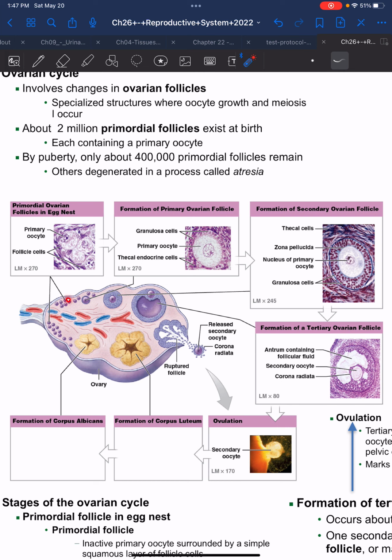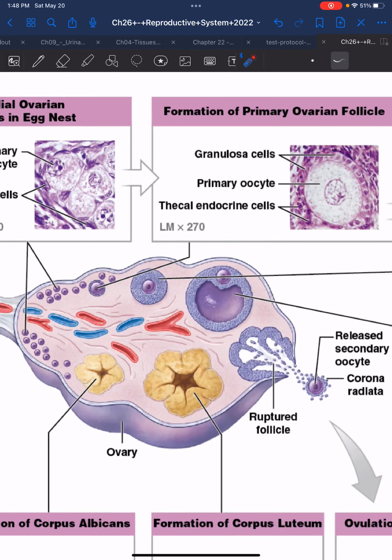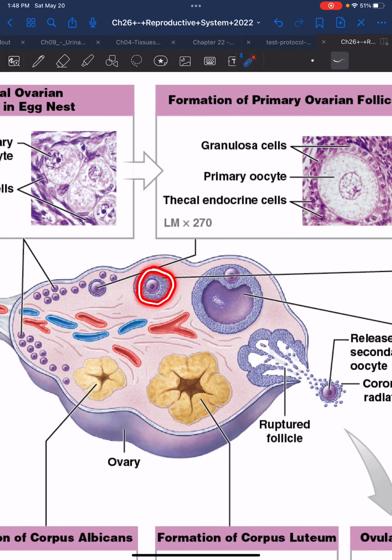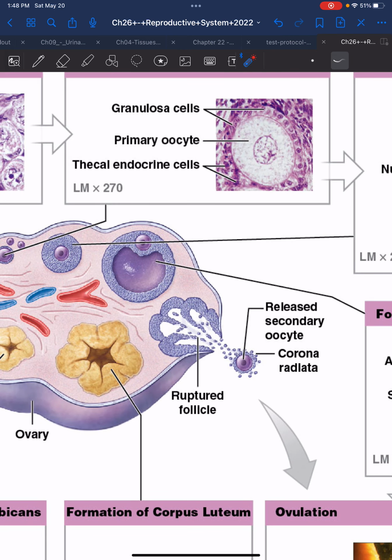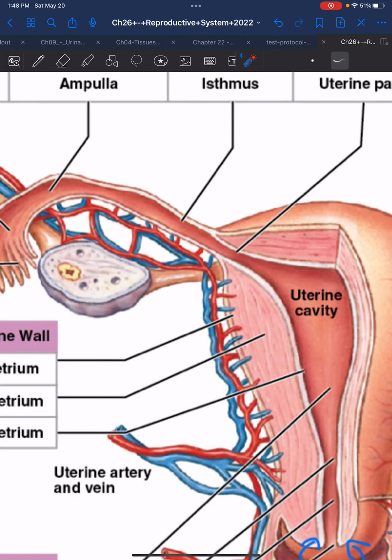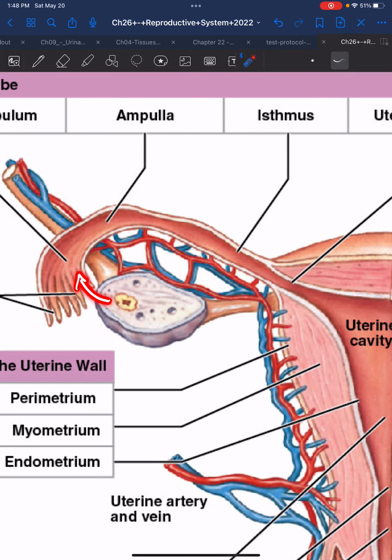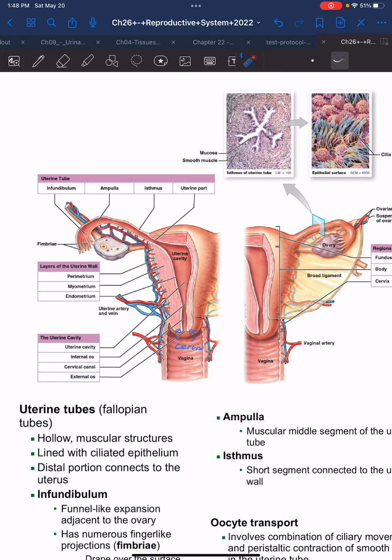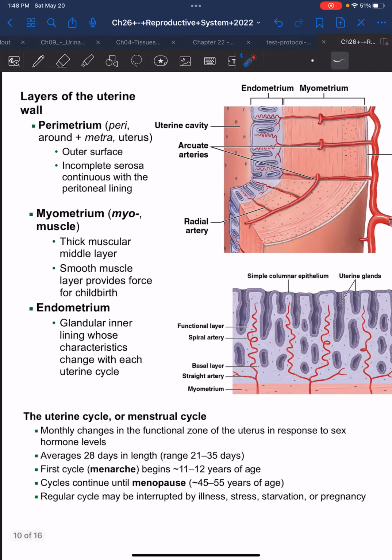You can see here's a little miniature egg. It's developing. It has a follicle around it. You can see the follicle is getting larger, and then it gets really large. And then finally, during ovulation, the follicle will release that egg into the uterine tube. That's why day 15 is so significant. This is when a female is more susceptible to becoming pregnant.